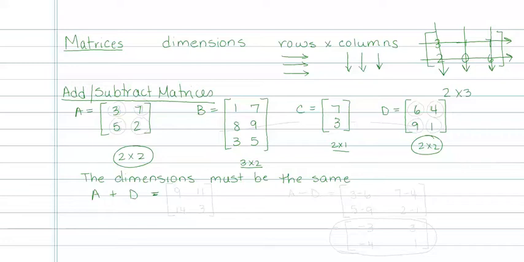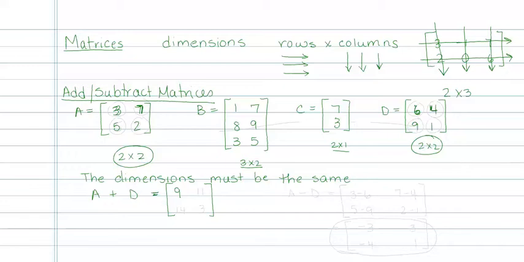The resulting matrix is going to be the same size. It's going to be a 2 by 2, and all you have to do is consider the elements and just add the corresponding elements. This is a 3 and this one's a 6, so 3 plus 6 is 9. Matrix A has a 7.